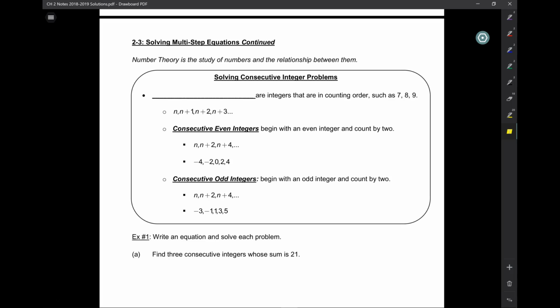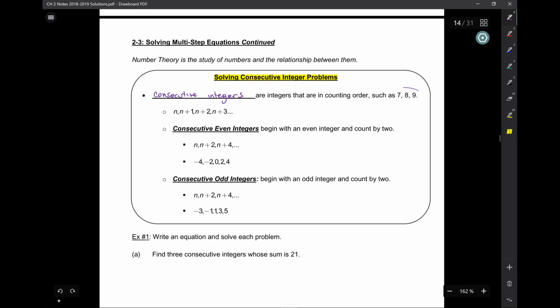Okay, so suppose you have two consecutive integers, right? And then you have to come up with what those two numbers are, right? Okay, so first of all, consecutive integers are integers that are in basically counting order, right?